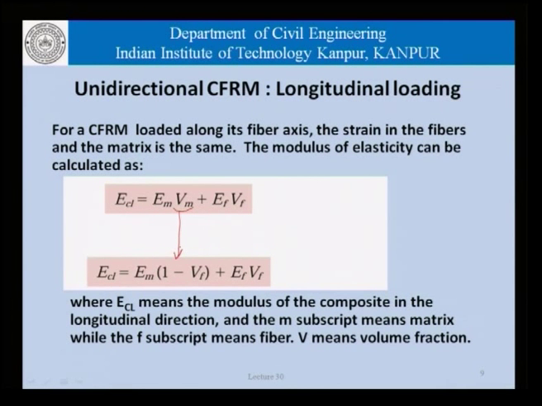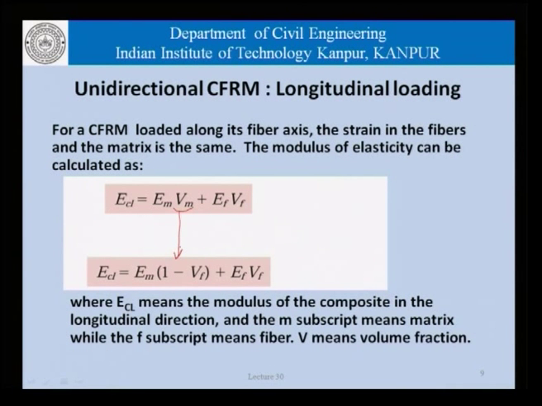So, different modifications or different adaptations of this equation can be used depending on what we are really trying to determine. Here E_CL is the modulus of the composite in the longitudinal direction, and M and F are the subscripts which are used for the matrix and the fiber.